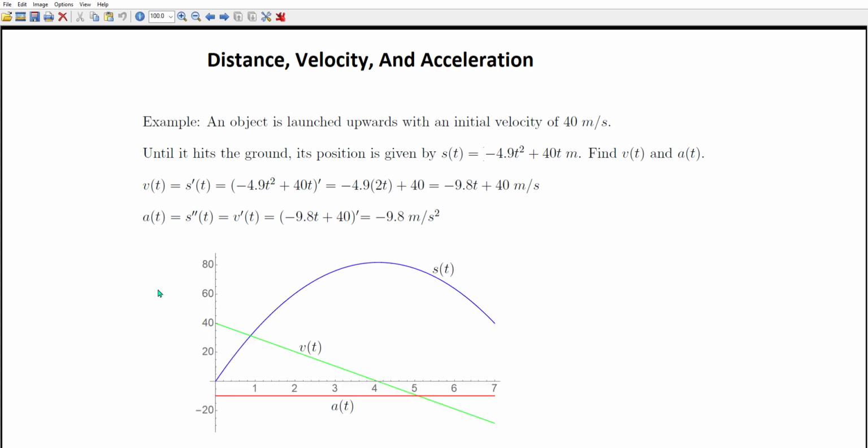If we graph the position, velocity, and acceleration together, we see that the position function has a horizontal tangent. And the velocity, which is its derivative, is 0 there. The velocity is a line with negative slope, which means the acceleration, which is its derivative, should be that constant negative slope.